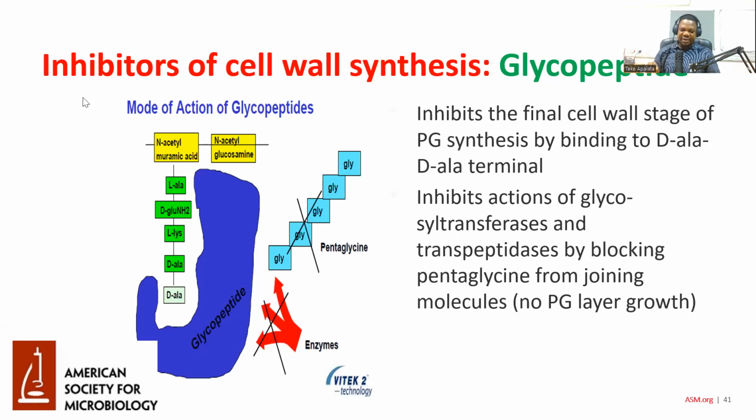So glycopeptides and beta-lactams are all inhibitors of cell wall synthesis, but they act at different stages. The beta-lactams act at an earlier stage, and the glycopeptide acts at the terminal stage by binding to the D-ala terminal. So they inhibit the actions of the glycosyltransferase and the transpeptidase by blocking pentaglycine from joining molecules. So there is no peptidoglycan layer growth that takes place.